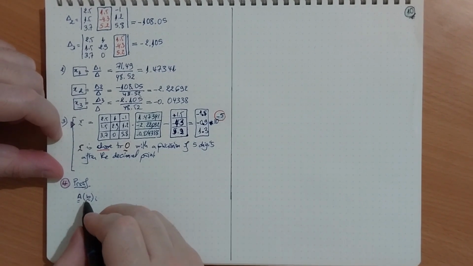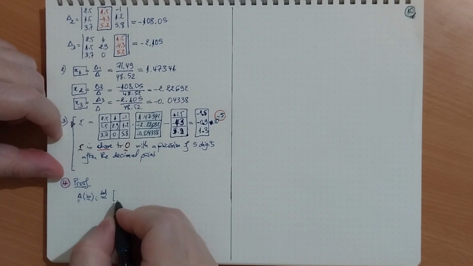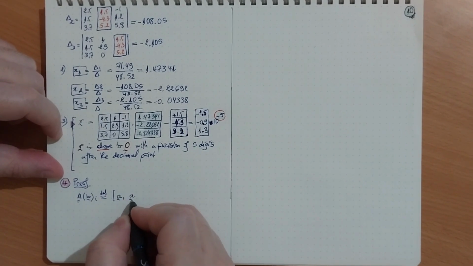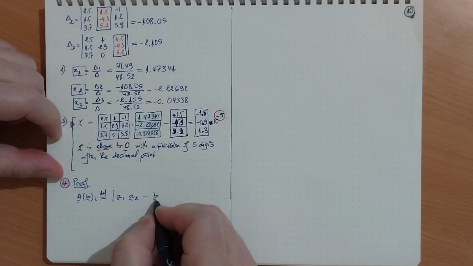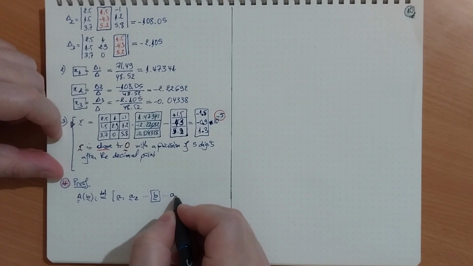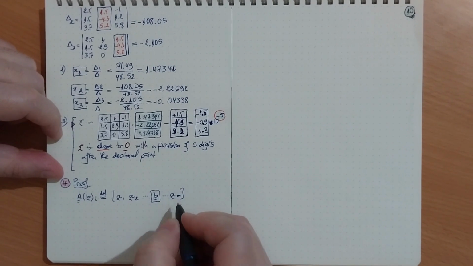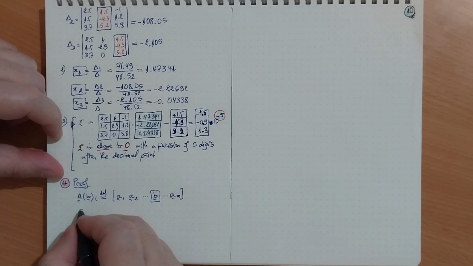We replace the ith column with the vector B. So by definition, the first column of A, the second column of A, till the ith column, we replace it with B. And we continue till the last column of A. So, but A_i, what is the column A_i?